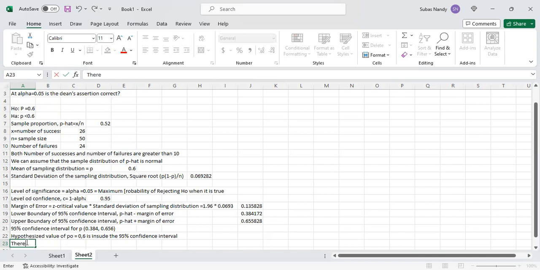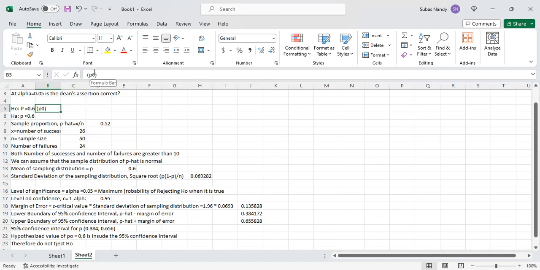therefore, do not reject the H0. Because the hypothesized value P0 equal to 0.6 is inside my 95% confidence interval.